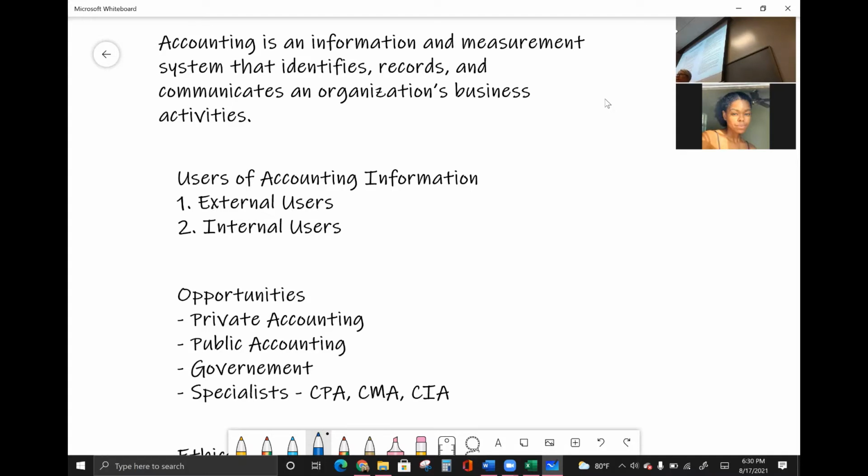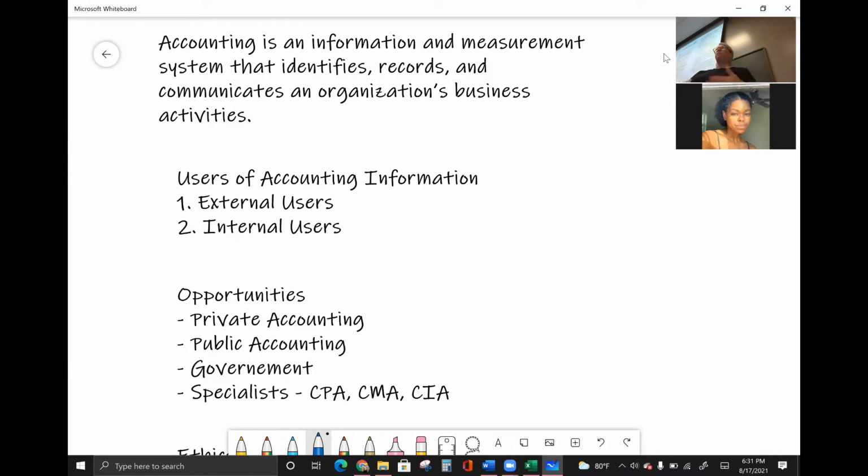So there's a measurement. Measurement is what we're going to use in order to record those transactions, record that sale, record the cost of something. We'll go through some of that, but we're identifying these transactions, we're recording the transactions, and we're going to produce reports that are going to be useful. Hopefully they're useful, right? If they're not accurate, they're not very useful.